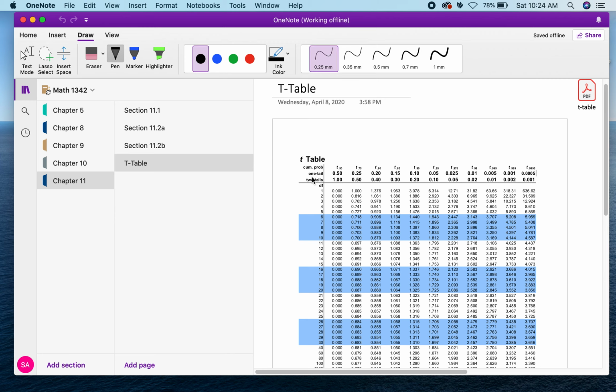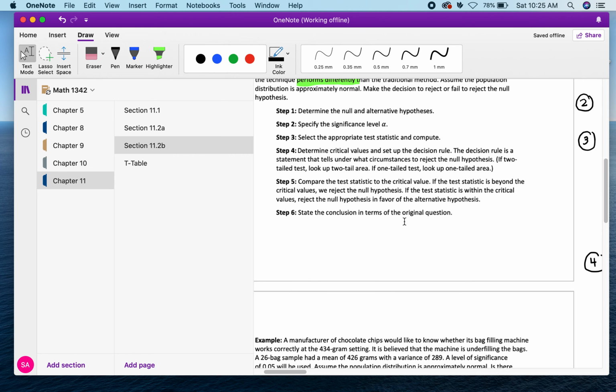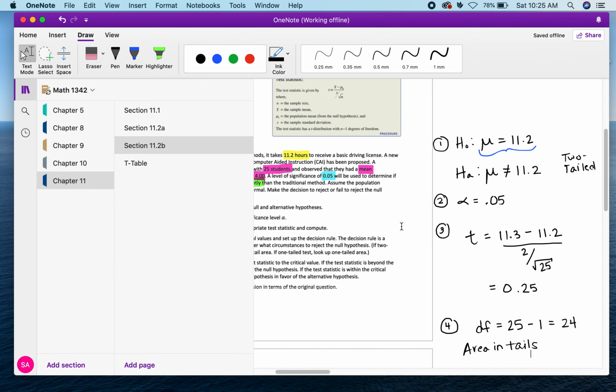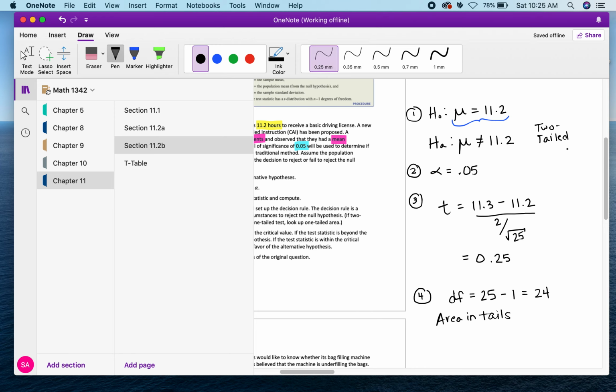But as you can see up here, there's a one-tailed areas, and then there's two-tailed areas, okay? And that all depends on the test that we're doing. Now, if you remember, up here, I already mentioned this is a two-tailed test because we're using the not equals to. So we have a two-tailed area.